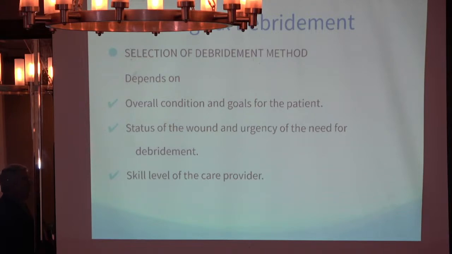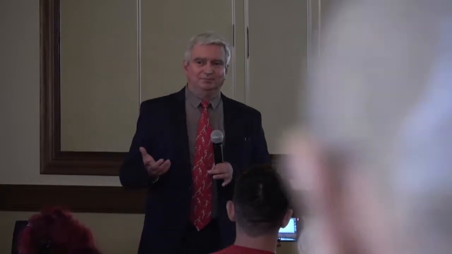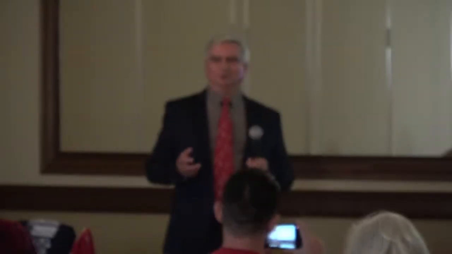One method that we want to use depends again on the condition of the patient, type of wound, where the wound is, how deep it is, and also how painful it is, or the sensation of the patient in the area. We know that traditionally diabetics don't have good sensation.